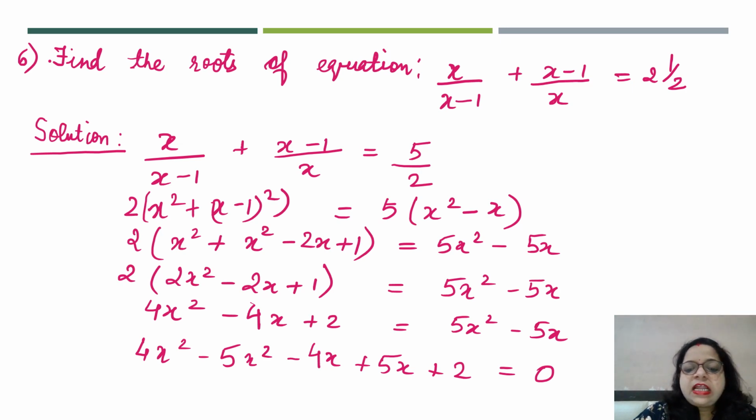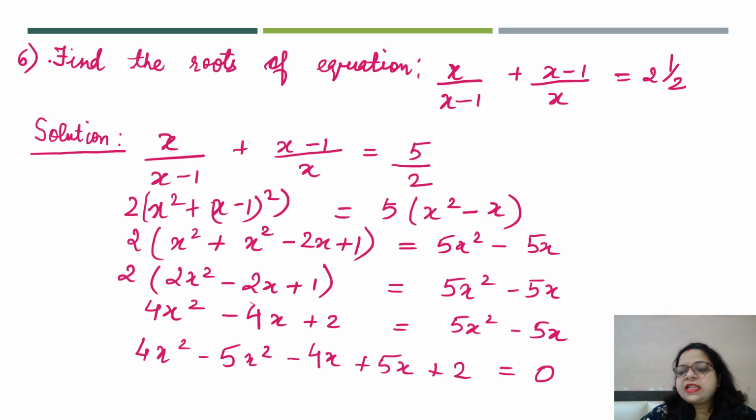Then on the left hand side we get 4x square minus 4x plus 2 is equal to 5x square minus 5x. Now bringing the right hand terms on the left hand side children, what we get is 4x square minus 5x square and minus 4x plus 5x is plus x, plus 2 is equal to 0.